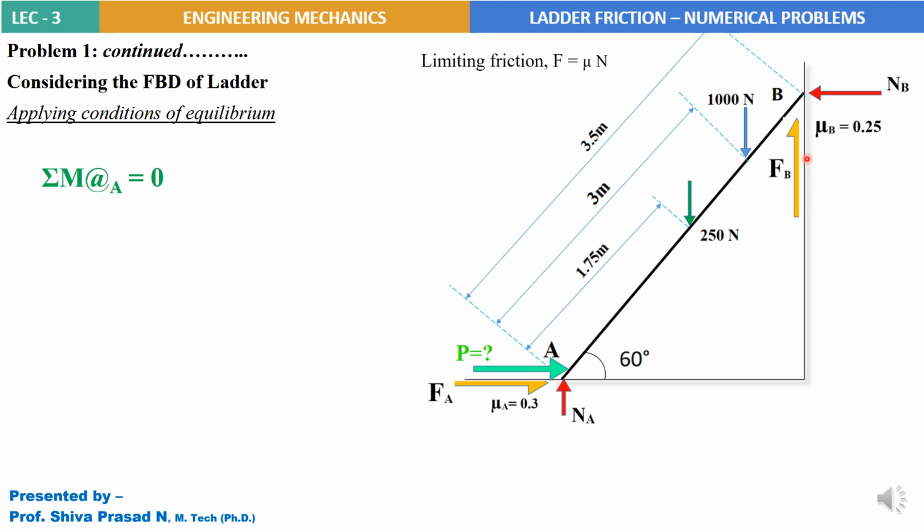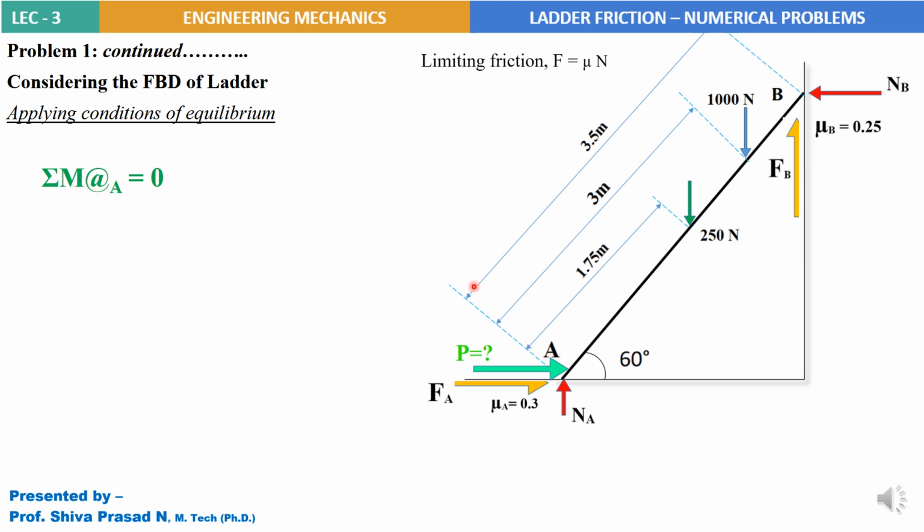Again Fb you can convert in terms of Nb, and you will have only one unknown, Nb, at B. So I'll choose the moment center A, so that all these forces at A will not be coming into picture at all. So I'll choose moment center A and apply moments, that is sigma M about A equal to 0.